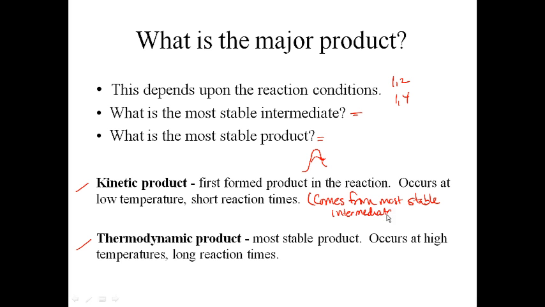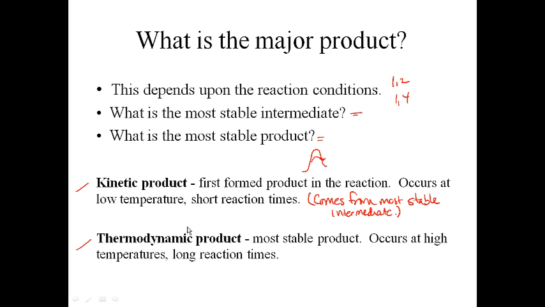So there's what we need to know to answer the question, what's the major product? I need to be able to identify the kinetic product, which comes from the most stable intermediate, and the thermodynamic product, which is the most stable product. And so I'm going to favor the kinetic product at low temperatures, short reaction times.